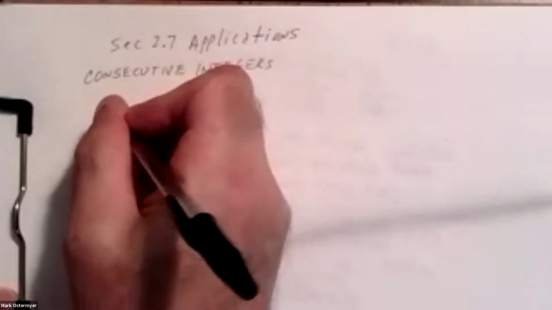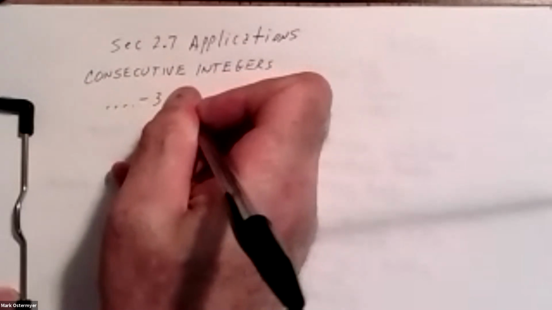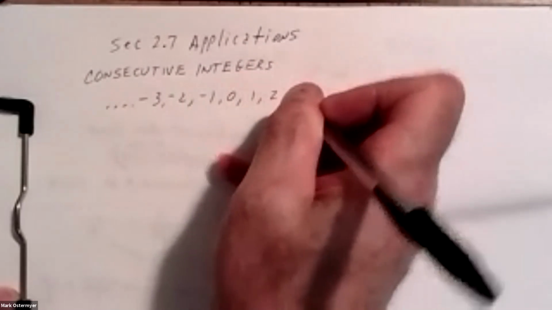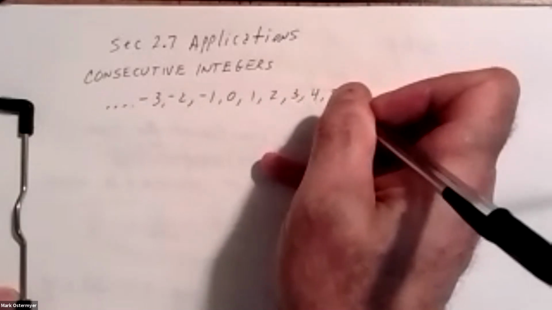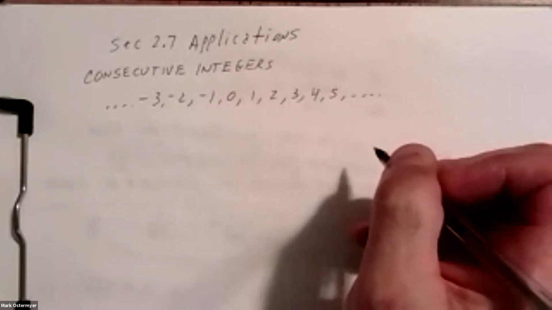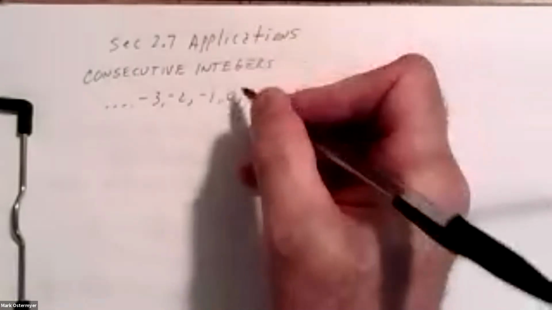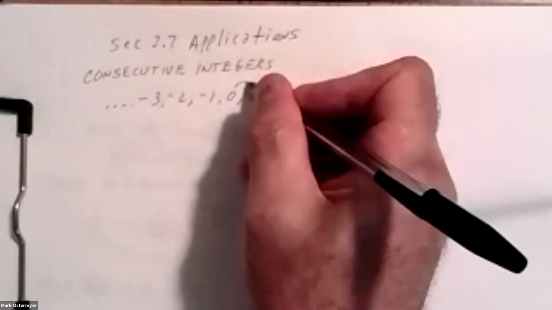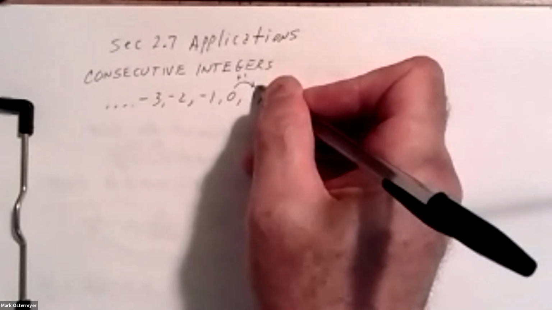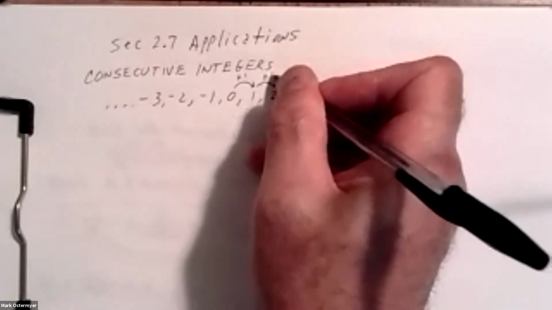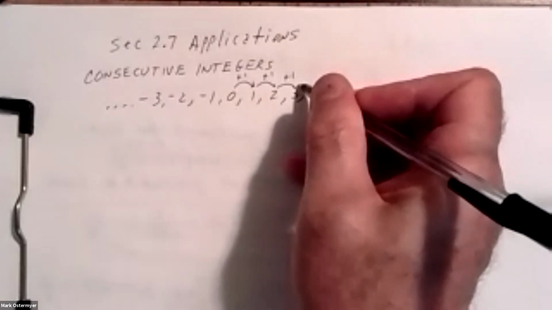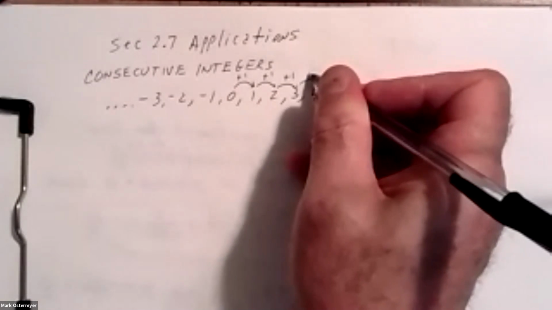Consecutive integers, ladies and gentlemen, we like -3, -2, -1, 0, 1, 2, 3, 4, 5. These are called consecutive integers. And a key observation is that to go from one integer to the next consecutive integer, you got to keep adding 1 to it. Just drawing your attention to that. So to go from any integer to the next consecutive integer, you got to keep adding 1 to it.